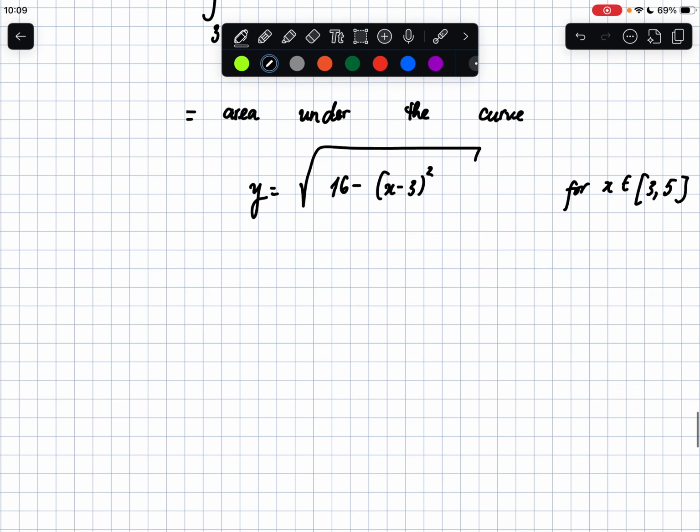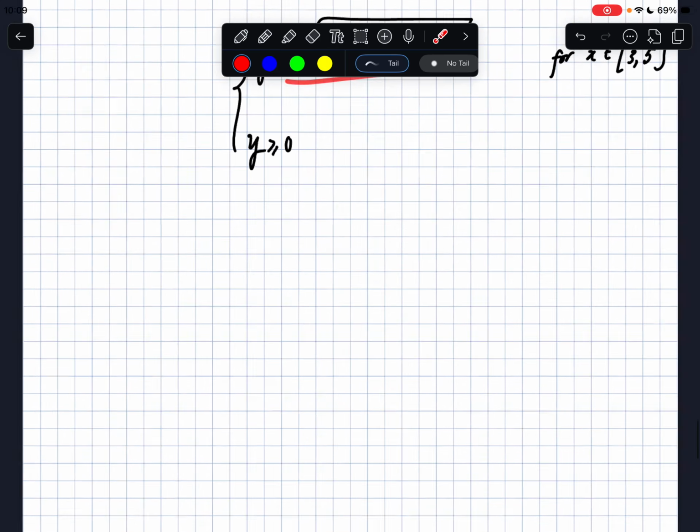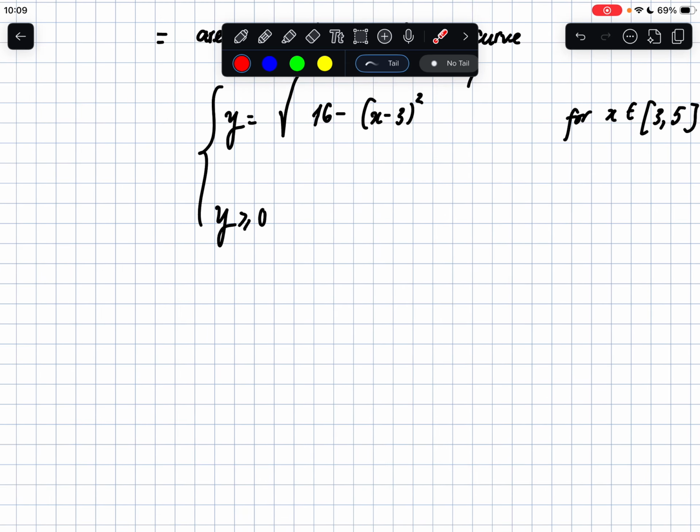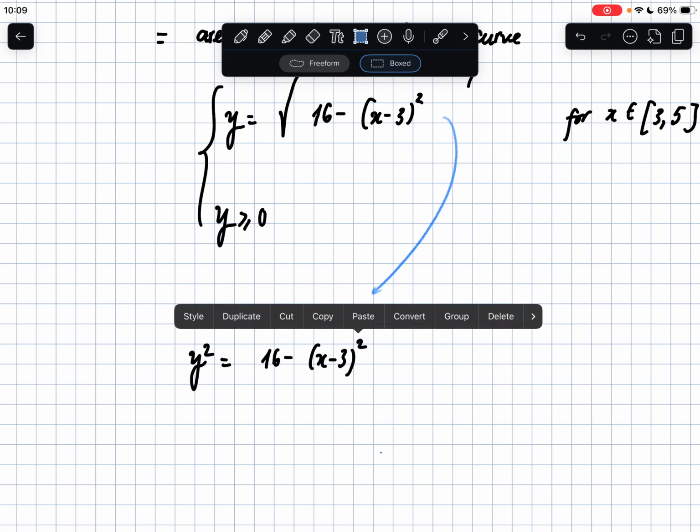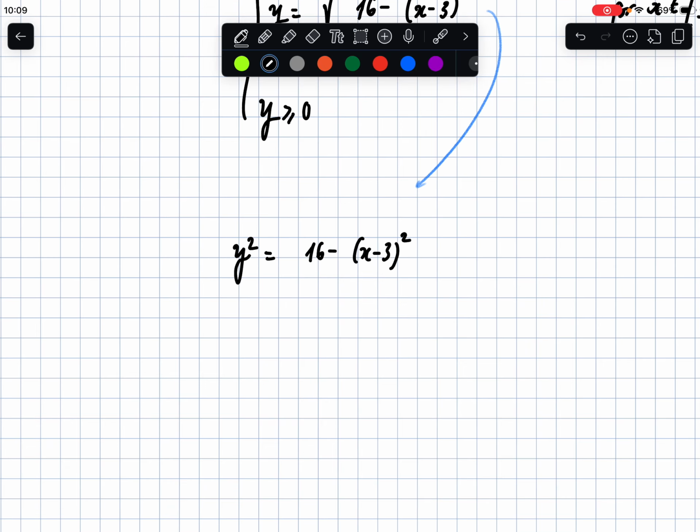This curve is actually a circle, and we only look at x from 3 to 5 and y always greater than or equal to 0, because it's the square root. So now let's look at this. Square both sides, you have y squared. Move (x minus 3) squared to the left: (x minus 3) squared plus y squared equals 16, so 4 squared.